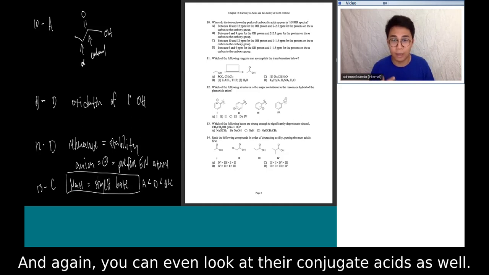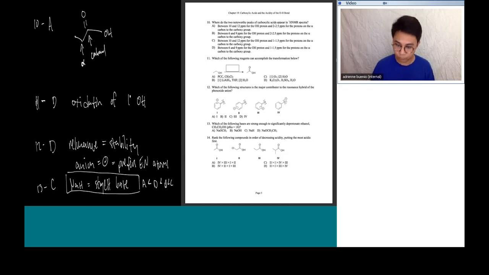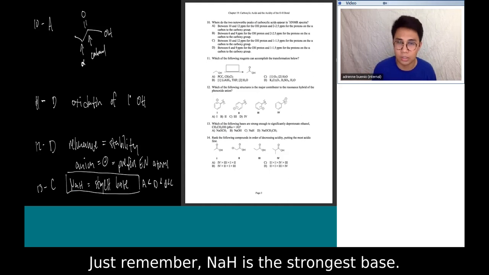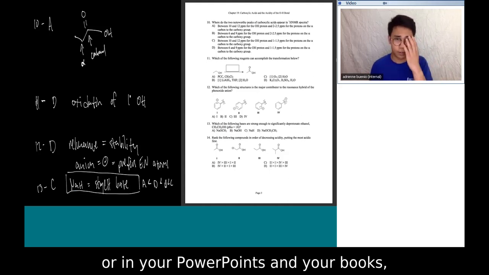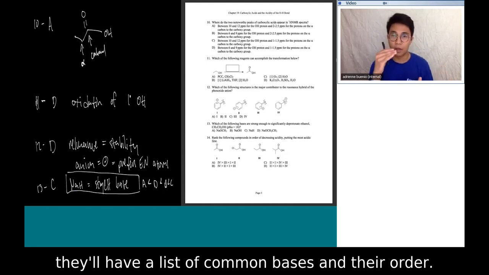And again, you can even look at their conjugate acids as well, right? But just remember NaH is the strongest base, and I'm pretty sure in your notes, or in your PowerPoints or books, they'll have a list of common bases and their order.